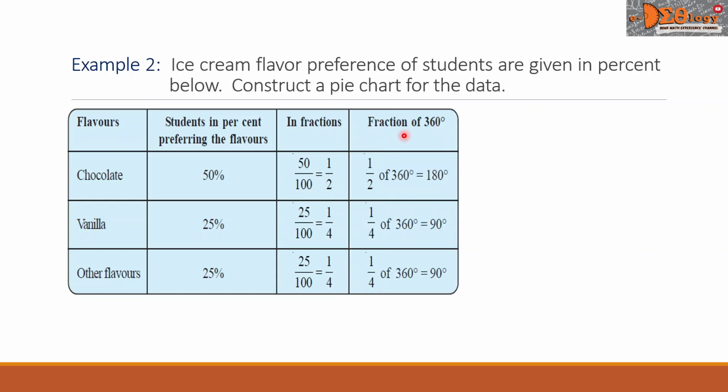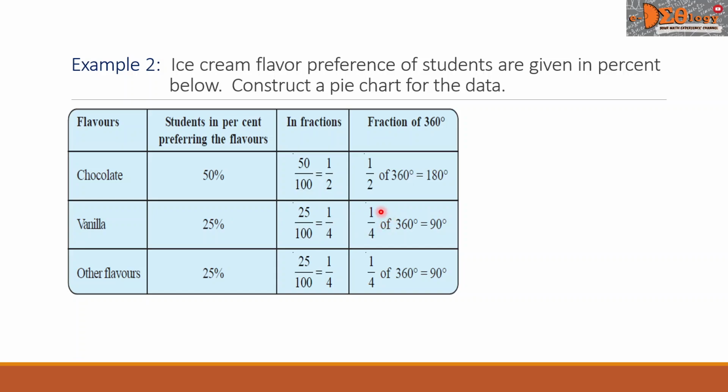Another column, we will now write the angles. The total is 360 degrees. So for chocolate of 50%, that is equal to 1/2. We compute 1/2 of 360 degrees. That is equal to 180 degrees. For vanilla of 25%, that is equal to 1/4.